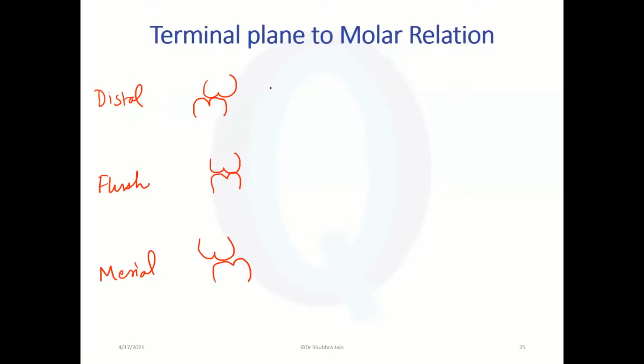Now there are two types of spaces: primate spaces for the early shift and leeway spaces for the late shift. After the utilization of primate and leeway spaces, the distal step relationship goes into class 2.